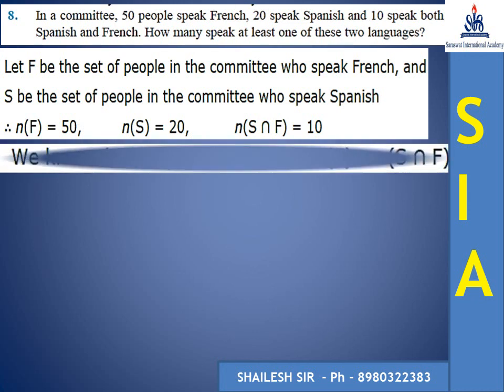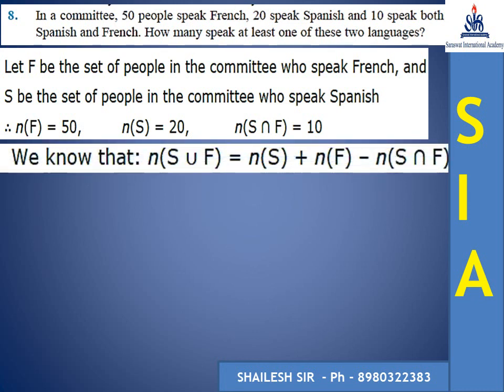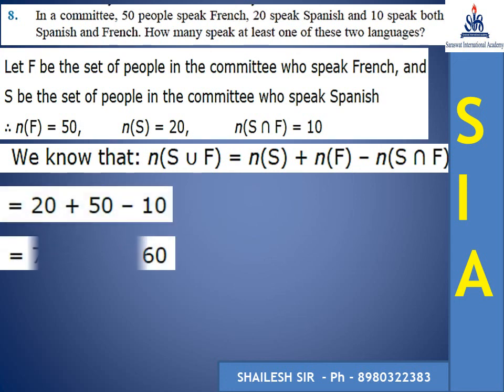Now I apply the standard formula: N of S union F equals N of S plus N of F minus N of S intersection F. Put in the values and calculate further. Sure, you get 60 people who speak at least one of the two languages. It means they speak Spanish or French.